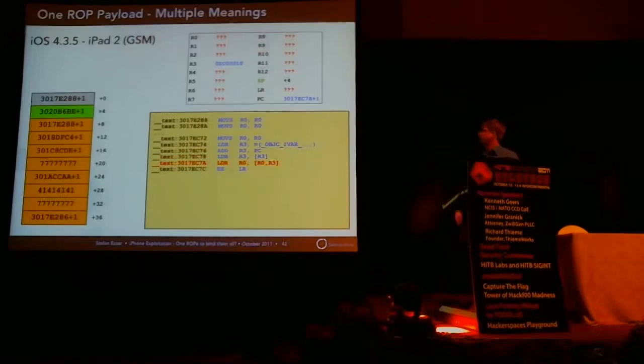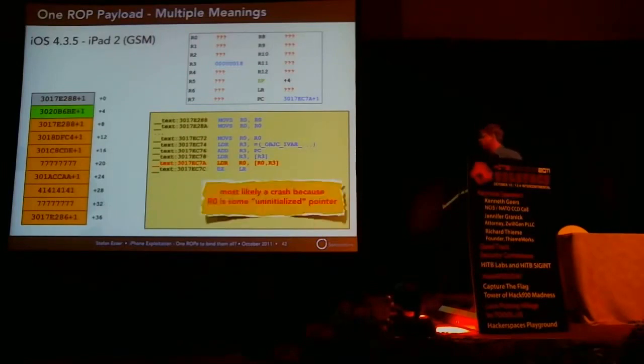Now we have this 18 in the R3 register, which is basically an offset inside the object for a variable. In this case, I think it was from Game Kit, and it's loading the number of friends you have. But the problem is that it tries to load the friends from the R0 register, which is unknown to us, so we cannot find out how many friends we have because there's no real pointer there, and again, this will crash.